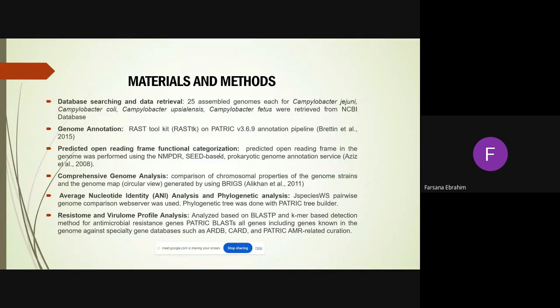Then we did the comprehensive genome analysis where the chromosomal property is compared with the genome strains, and we ended up with a genome map, a circular view using the BRIGS. Then average nucleotide identity analysis and phylogenetic analysis with the help of JSpeciesWS pairwise genome comparison web server.